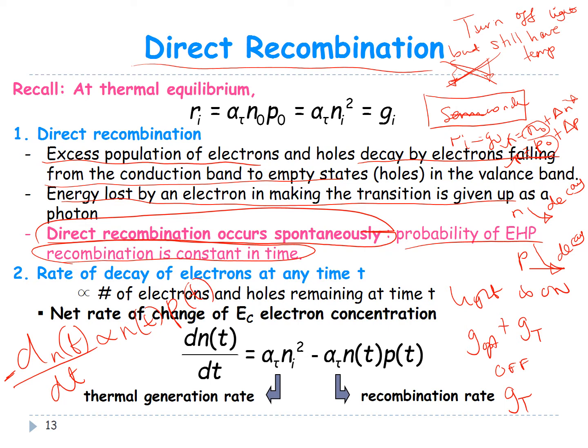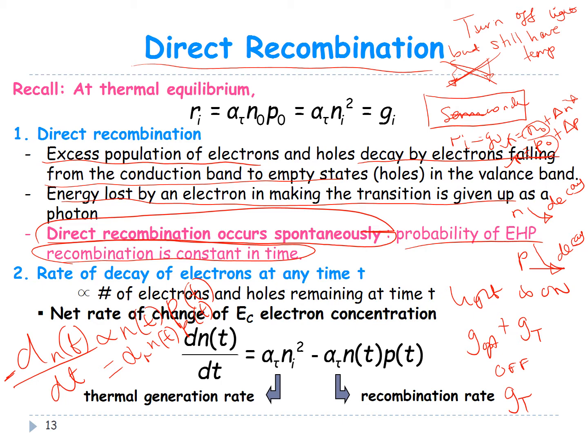It's proportional to both, so we multiply. Okay, and then when we remove this proportionality sign, we put a constant of proportionality alpha r, like that. So this alpha r is the recombination constant, the coefficient or the constant of proportionality for recombination.